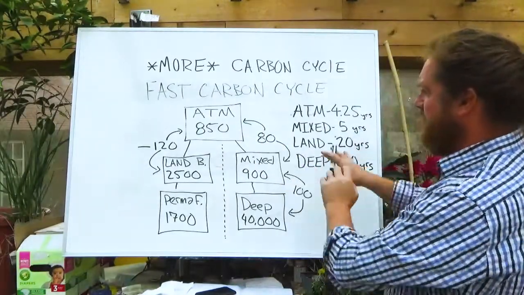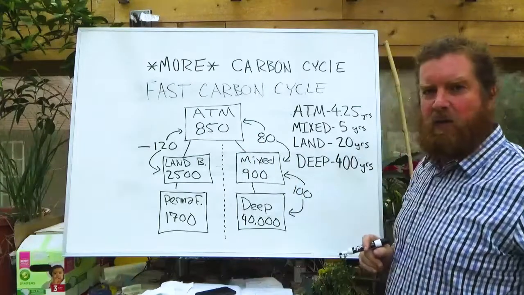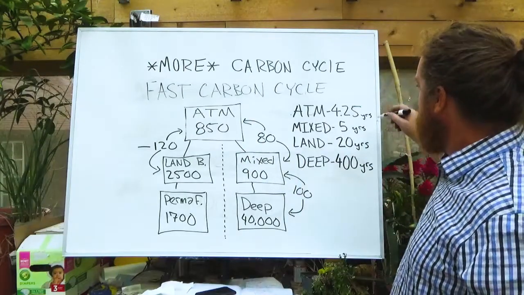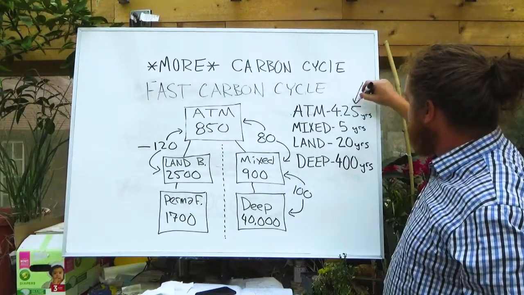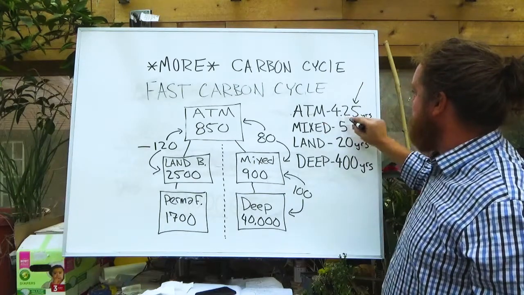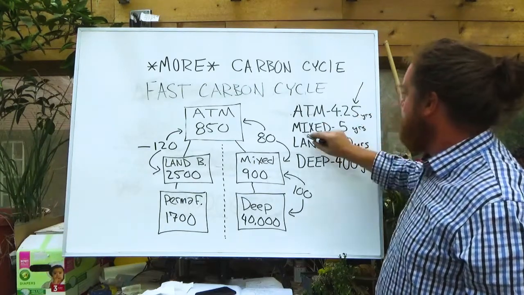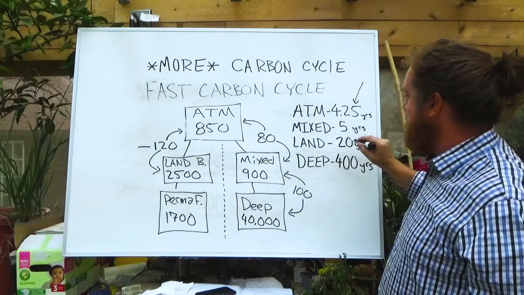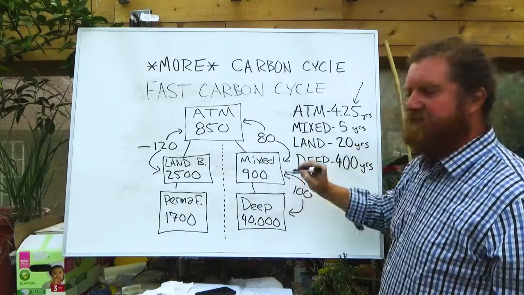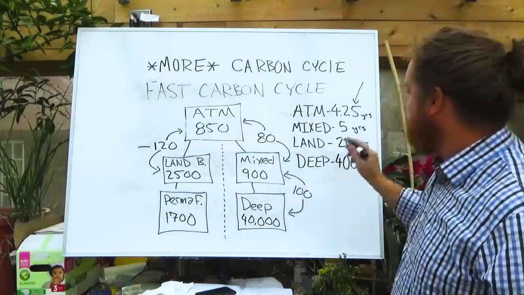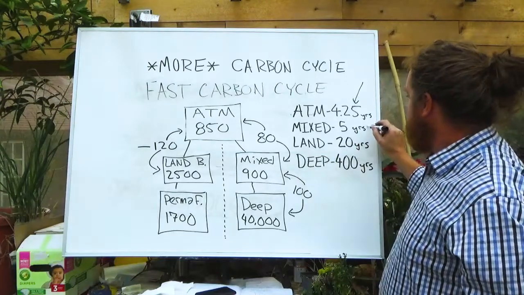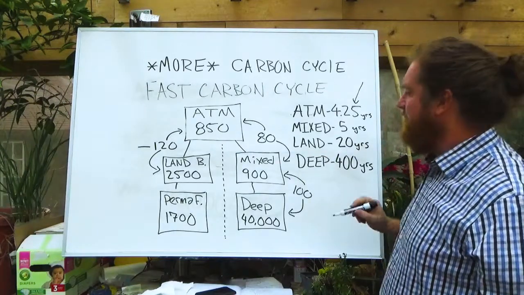I'm running out of room. I'm going to have to reorganize my whiteboard for the next discussion. But we already did the math here. So the atmosphere has a residence time of about 2.5 years. The mixed layer, if we do the same math, has a residence time of about 5 years.